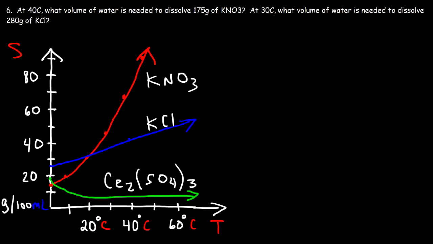Now go ahead and try the second part of the problem. It's very similar to the first part. So at 30 degrees Celsius, what volume of water is needed to dissolve 280 grams of KCl? So here's the line at 30 degrees Celsius, and it corresponds to a solubility of 35.